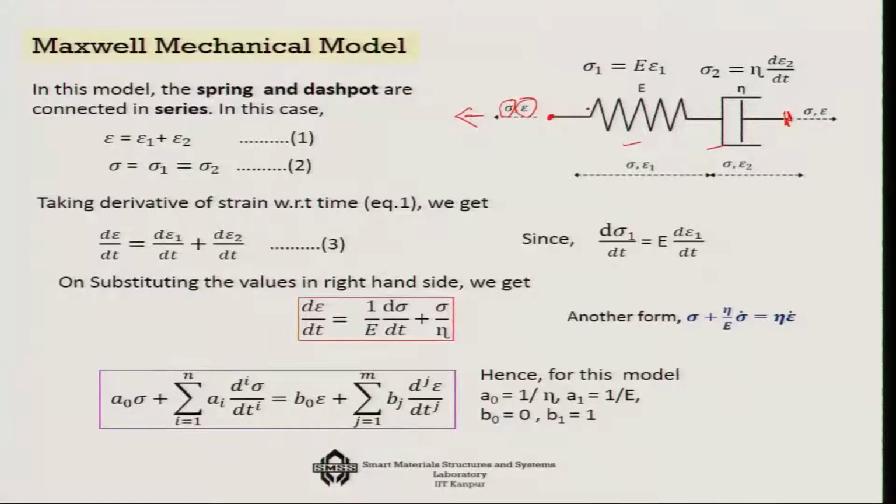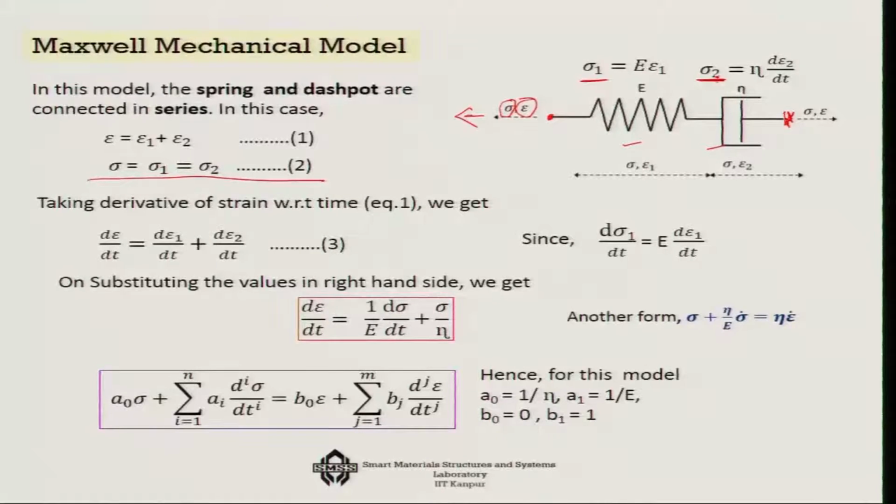Now there are two things we need to think of. One is that since there is no other connectivity from input to the output, the same stress will be there in both the elements, both in the spring as well as in the damper. So that is what our second equation says, that this sigma is the same as sigma 1 and it is the same as sigma 2. The other thing is about the strain, it is just the reverse of the Kelvin-Voigt model.